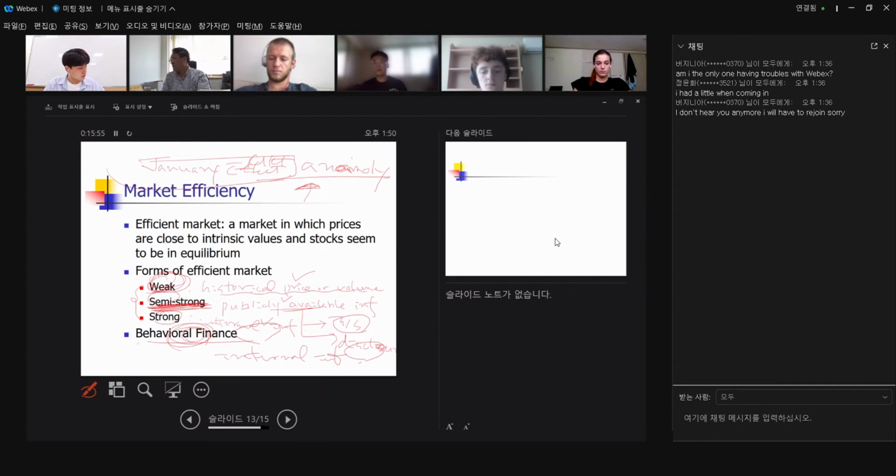It's illogical, right? Everybody knows today is Friday, but Friday's return is the highest. How can we explain those phenomena? That's behavioral finance. Even if we define several forms of efficient market, there are phenomena that violate the efficient market, which are explained by behavioral finance, because human beings are not logical or rational.